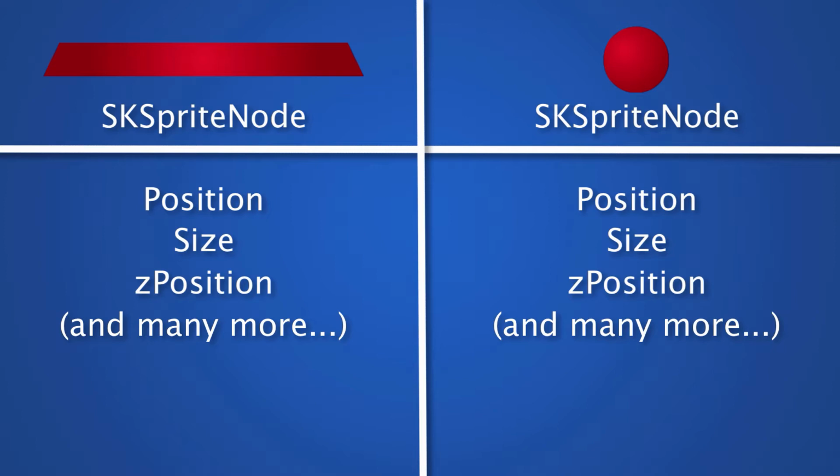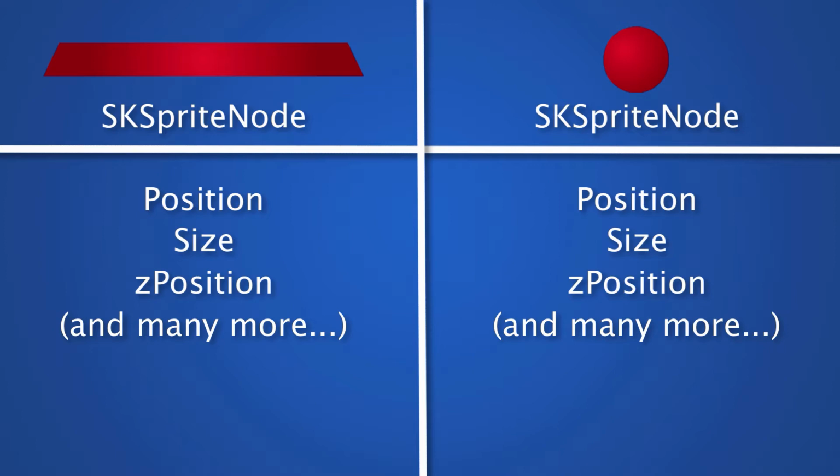And as a quick property recap, a property is a value that any instance or any object of this type would have. And to access a property, all we do is take this object and say dot whatever property we want to get. So for example, our sides at the moment are SK Sprite nodes, and we can access the position property by saying side.position. We take the side, we say dot, and what property we want to get access to or affect.